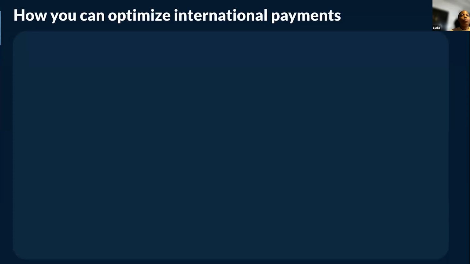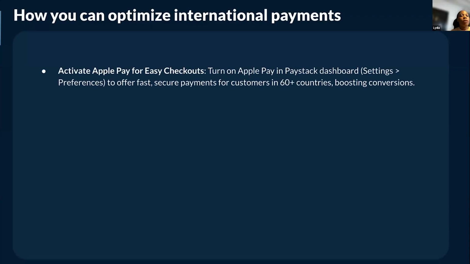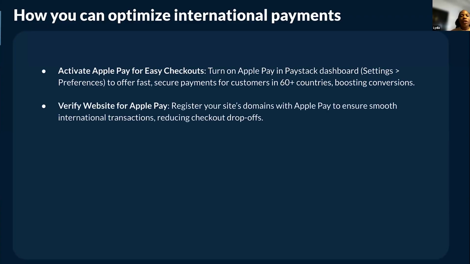A few tips that we'd love for you to keep in mind when it comes to optimizing how you handle international payments. The first is to activate Apple Pay for easy checkout, which again, we've shown just now in your Paystack dashboard how to do it, because it allows you to offer fast, secure payments for customers in 60 plus countries and boosts your conversions. And verify your website.